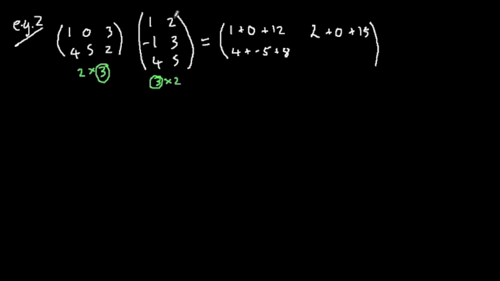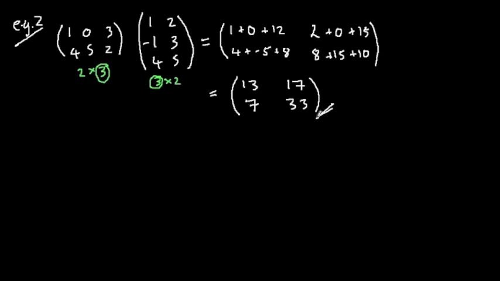We have 4 times 2, which is 8, 5 times 3, which is 15, plus 2 times 5, which is 10. Okay, so now all I have to do is just evaluate the sums. So 1 plus 12 is 13, 2 plus 15 is 17, 4 minus 5 is minus 1, plus 8 would be 7, and 8 plus 15 plus 10 is 33.